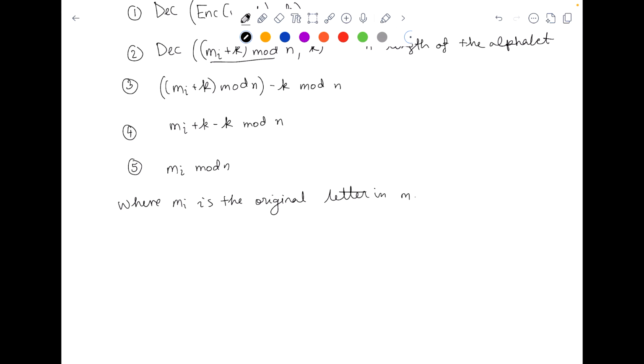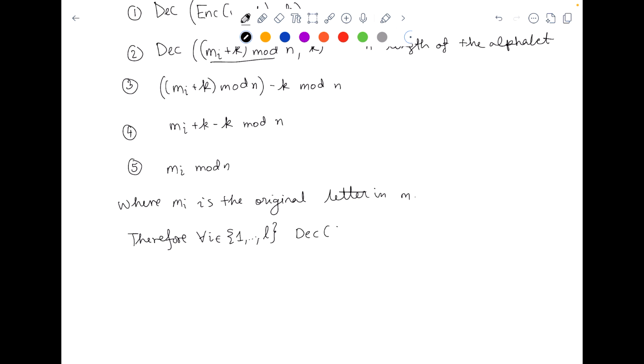And so since we picked an arbitrary M and an arbitrary K, then we conclude that it's true for Mi, and therefore it is true for all i in 1 through L, which is the length of my string.